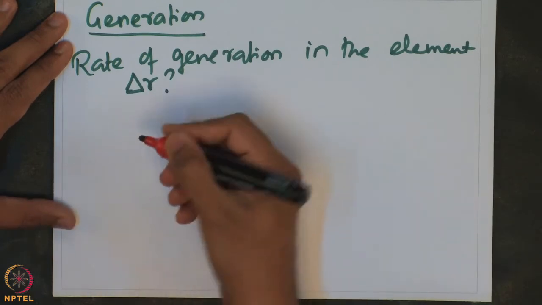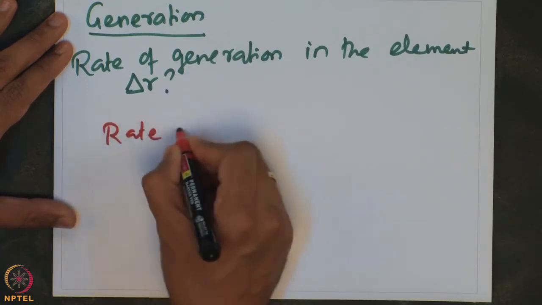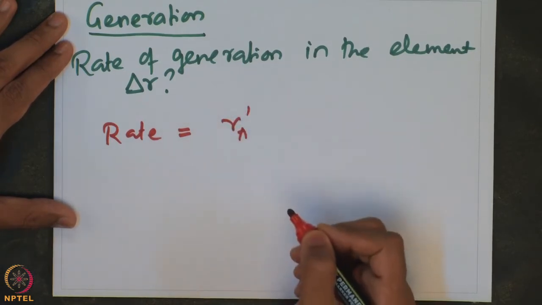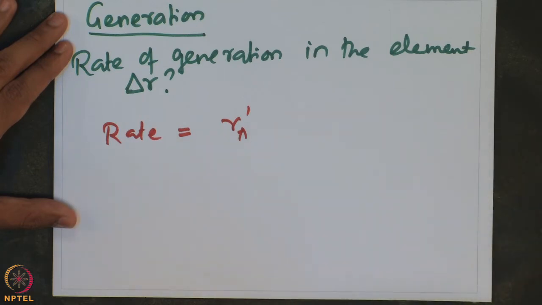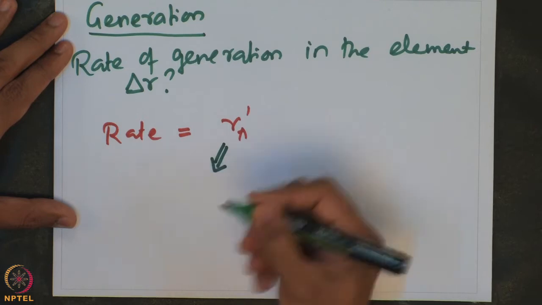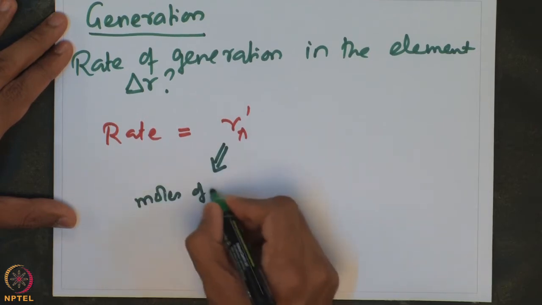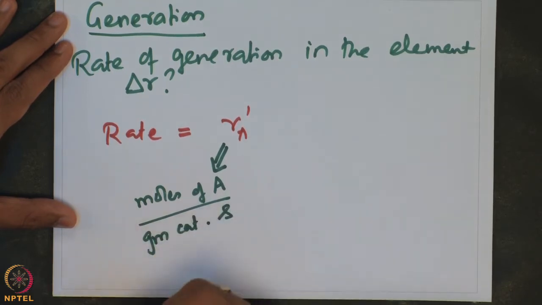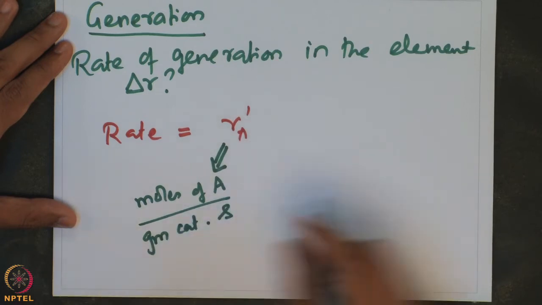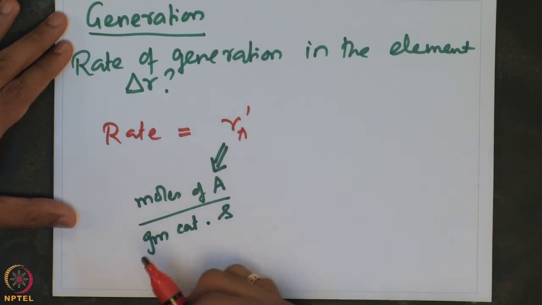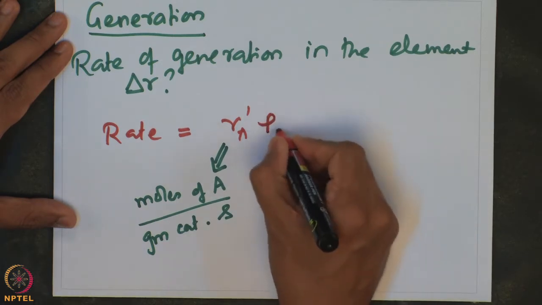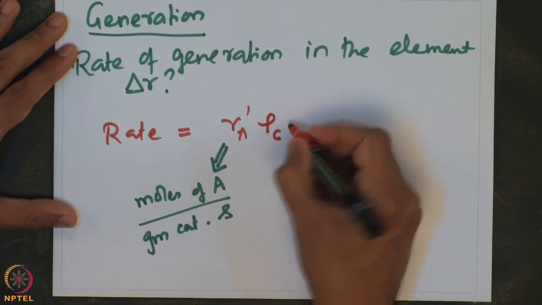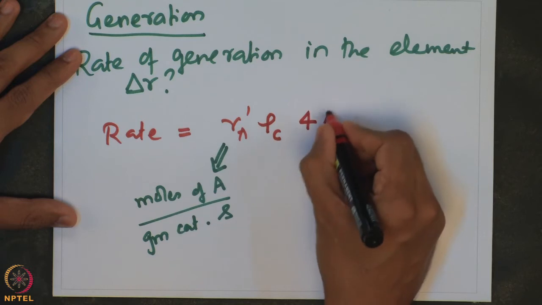The rate is given by the reaction rate Ra prime, which, recall the convention, is the moles of species A formed per gram of catalyst per time. So, this is defined in terms of the weight of the catalyst. Because it is defined in terms of the weight of the catalyst, we need to multiply it with the density of the catalyst rho c, and that multiplied by the volume of the element.